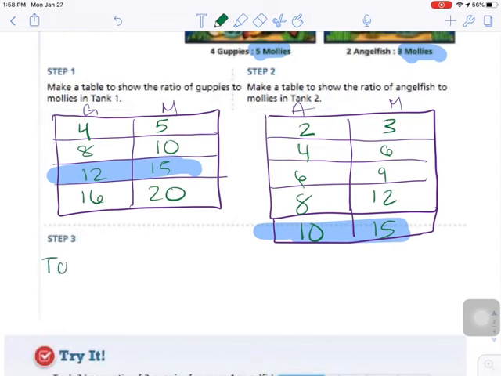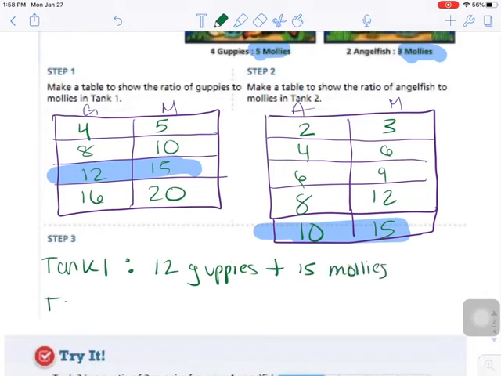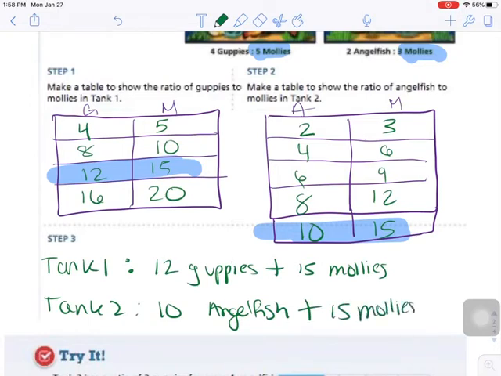In tank 1, we have 12 guppies plus 15 mollies. And in tank 2, we have 10 angelfish and 15 mollies.